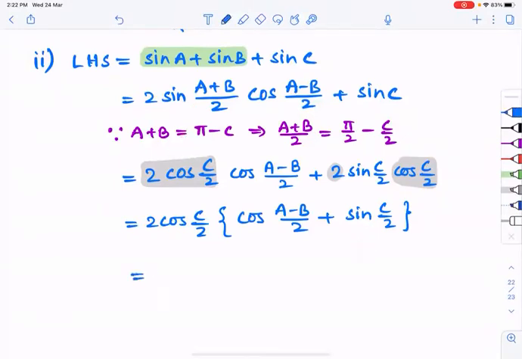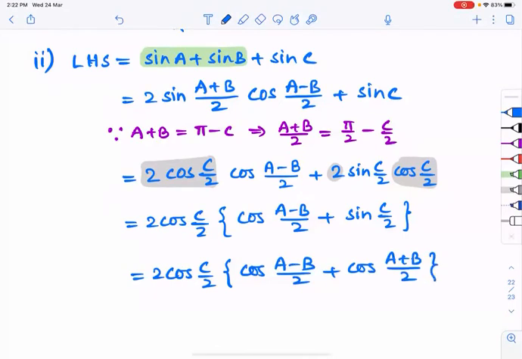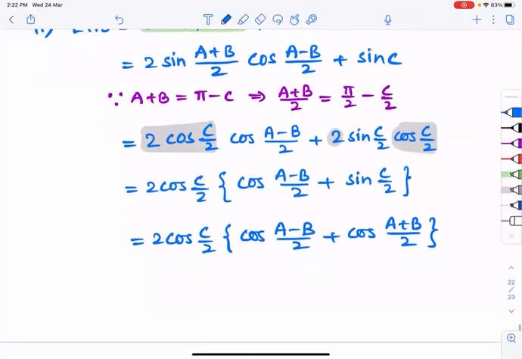So this is equal to 2 cos(C/2) into cos((A minus B)/2) plus cos((A plus B)/2). Sin(C/2) became cos((A plus B)/2) because of this relation.